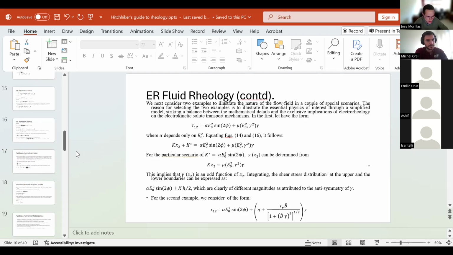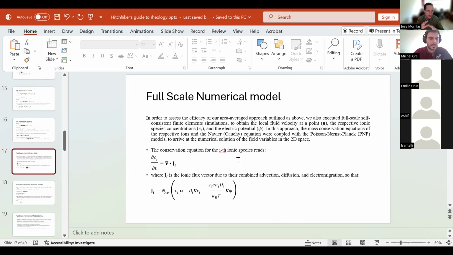My last question: there is a slide where you have a sketch of the three models in COMSOL, laminar flow, the electrostatics module and the transport of dilute species module. Have you coupled those models? Yes. Can you make a brief summary of how you have coupled those? The transport of dilute species model uses this equation. This u comes from the laminar flow model, and the phi comes from the electrostatic model.